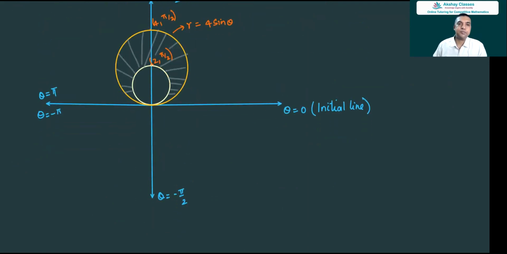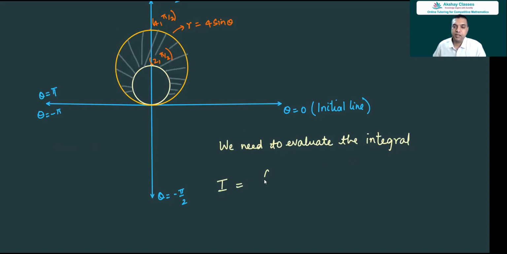So right here, we need to evaluate the integral I is integral r cube dr. R varies from 2 sine theta to 4 sine theta.